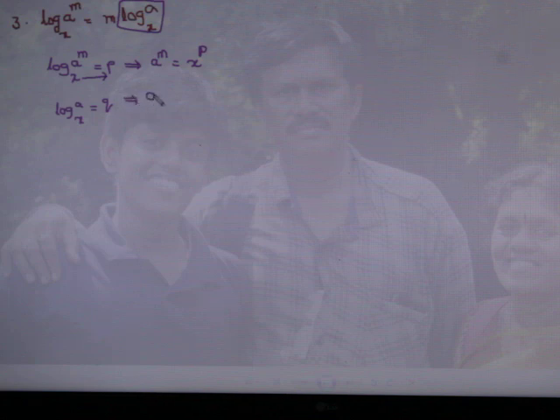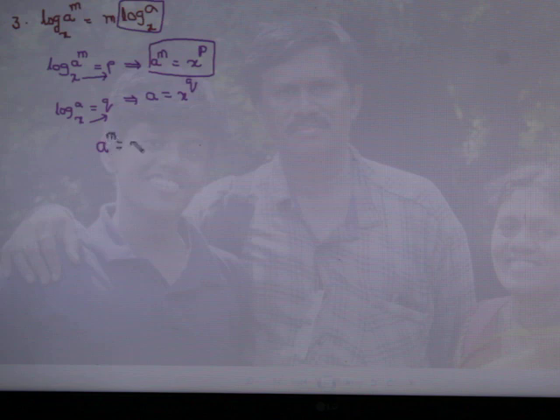Convert it into power notation: a is equal to x power q. Take the first relation, write it here: a power m is equal to x power p. What is a? From here, a is equal to x power q.